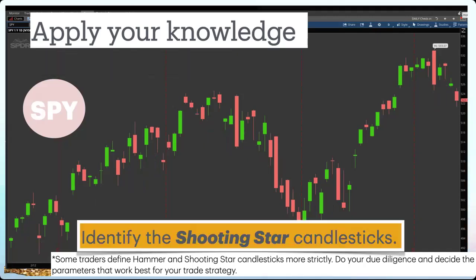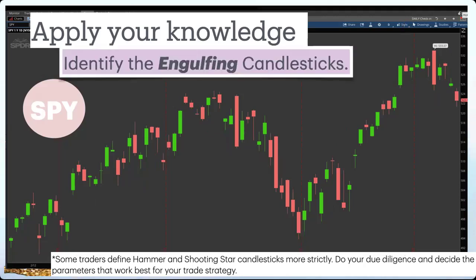Identify the shooting star candlesticks. Identify the engulfing candlesticks.